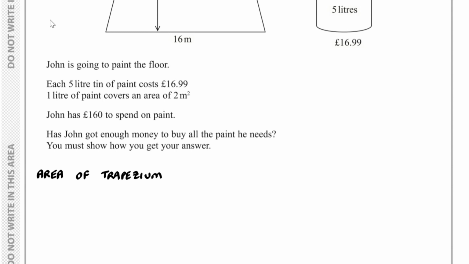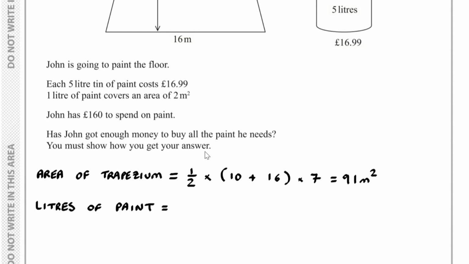First of all, we can find the area of the trapezium. We've got 1/2 times the sum of 10 plus 16, and then we times this by 7. So it turns out we get 91 meters squared. So now what we can do is find out the number of litres of paint we require.